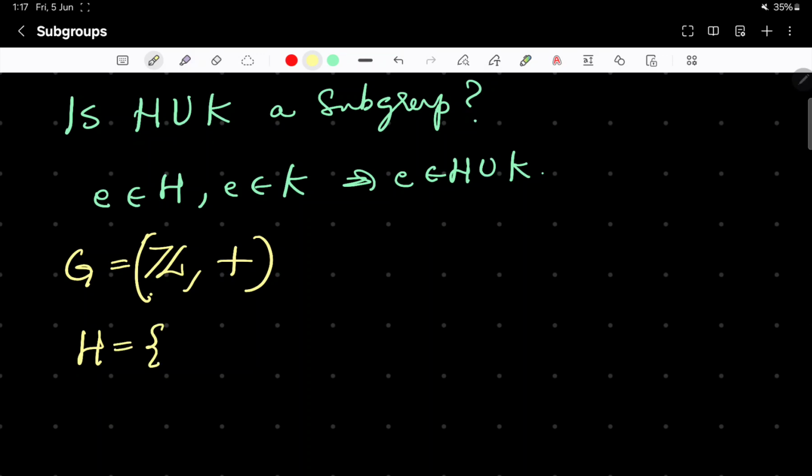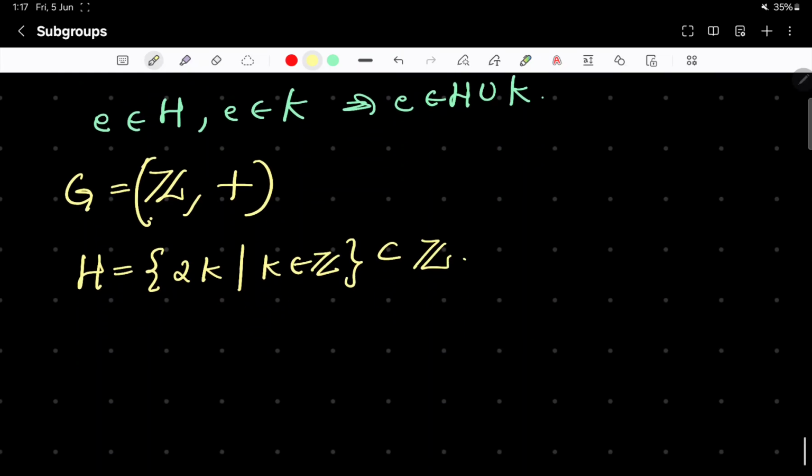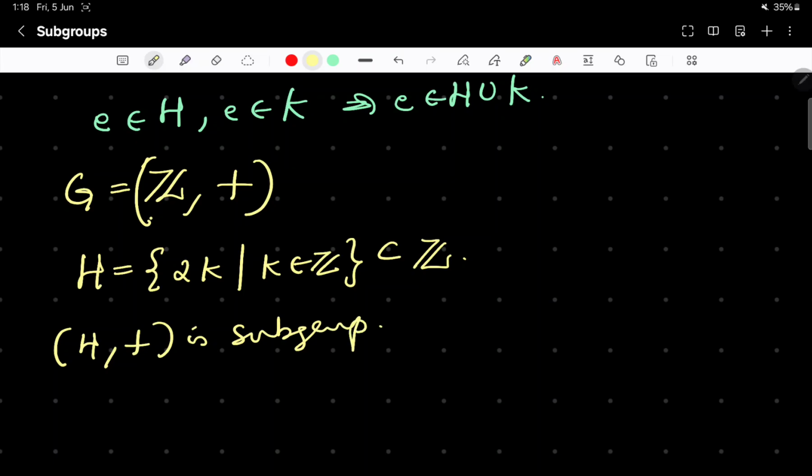Let H be all elements of the form 2k where k belongs to Z. This is a subset of Z, and it is a subgroup under addition. Why? Because if you add two elements, you get an even number. These are the set of even numbers. For the inverse also, if 2 is there, minus 2 is there, which is also even. So inverse exists, identity exists, everything is there. So this is a subgroup.